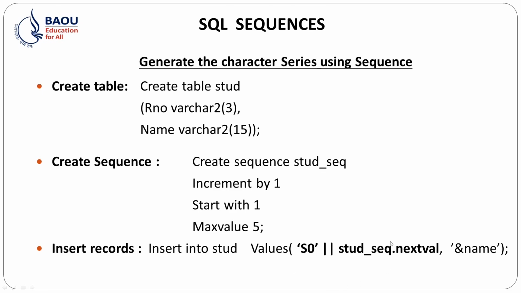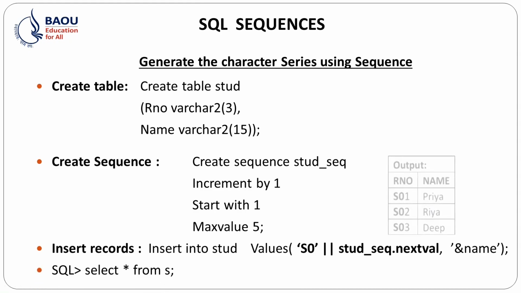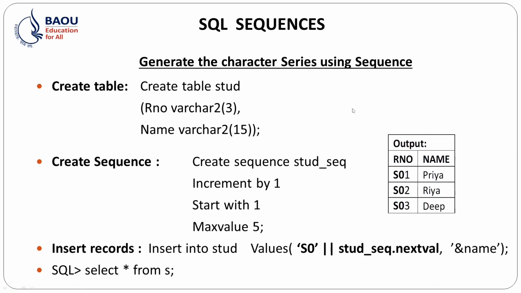The character in single quotation, then pipeline, and this sequence generates the numeric value 1, 2, 3. See, select star from student table. This one is not S, okay.